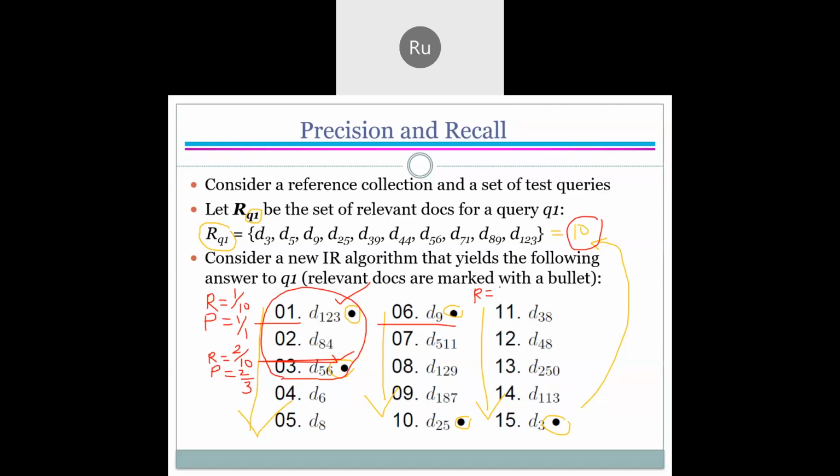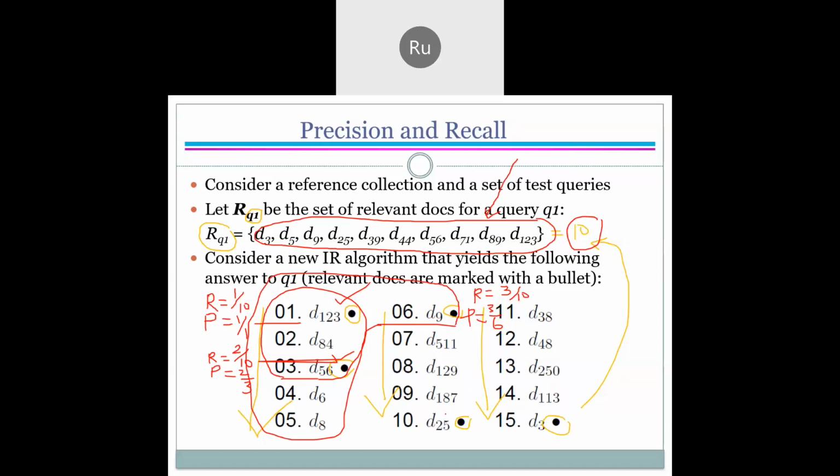No, the recall rate will be 3 over 10, because we are looking at how many of the relevant documents you are able to recall from the whole set of relevant documents. So recall is 3 over 10, and then the precision is 3 over 6, referring to the answer. This is the answer given to you, and this is the set of relevant documents that you need to recall.